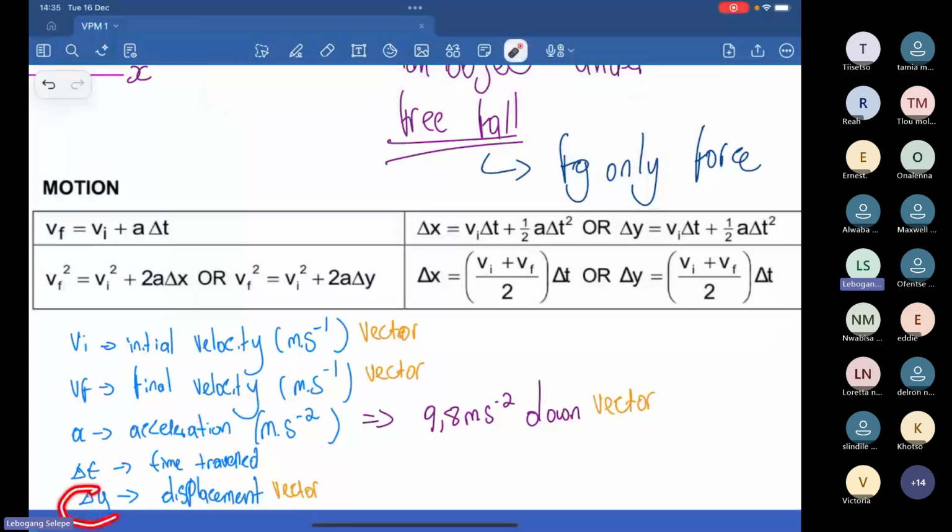I'm saying this because as we solve the problems, there are times when the value of change in y would be negative, and you'd start being scared and asking yourself, why is my distance negative? This is because it's not distance, it's displacement, it's a vector, it can be negative.